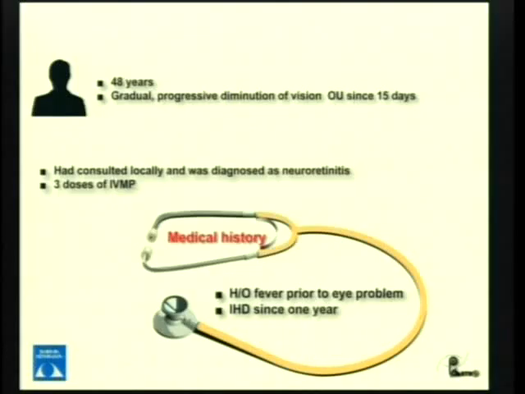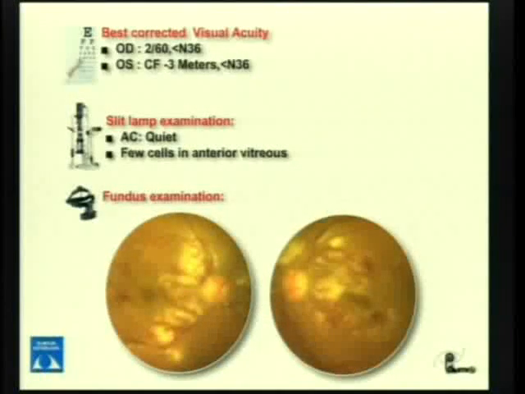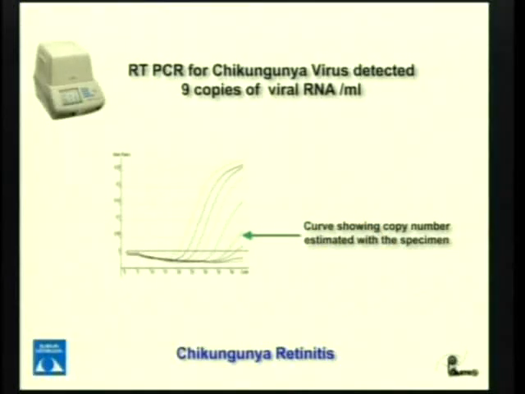microorganism. See, this is a patient who presented with this atypical retinitis. He gave us the history of some kind of viral fever, following which he had developed this kind of diminution of vision. So we took this aqueous aspirate and sent for real-time polymerase chain reaction.